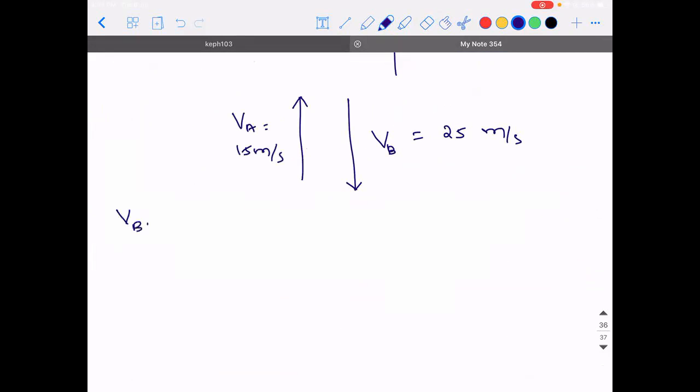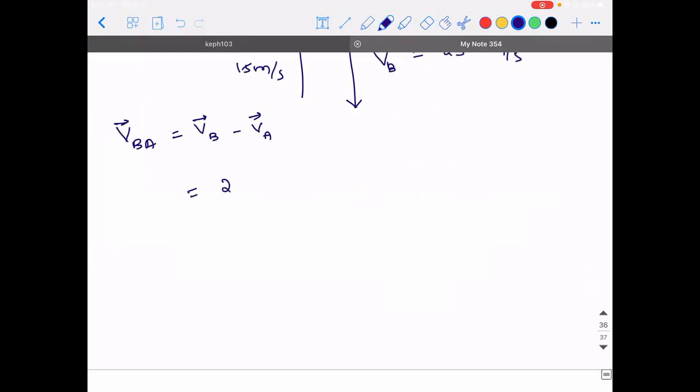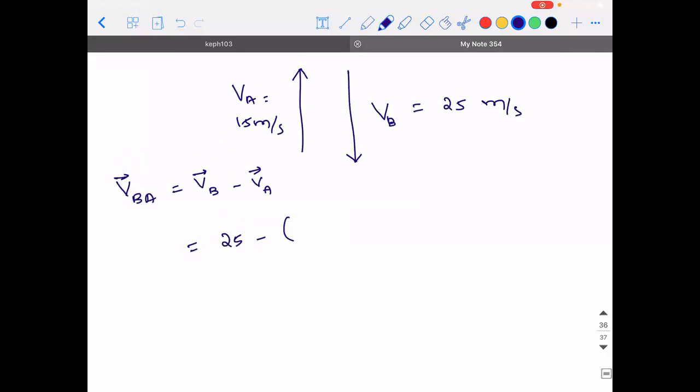So velocity of B with respect to A will be velocity of B minus velocity of A. Don't forget the vector symbols. So velocity of B, if I take it as positive 25, minus velocity of A, which will be minus 15. Okay, means I'm trying to say this direction is positive, this direction is negative. Have this in your mind. So answer is 40 meter per second.